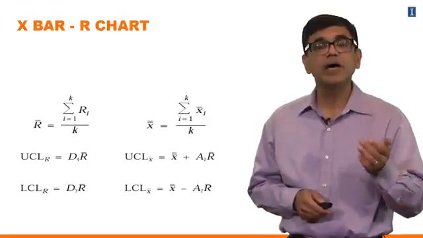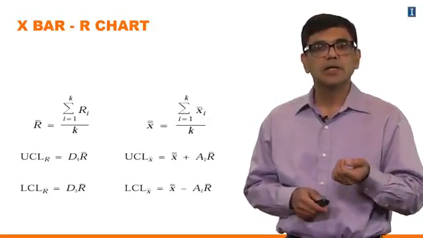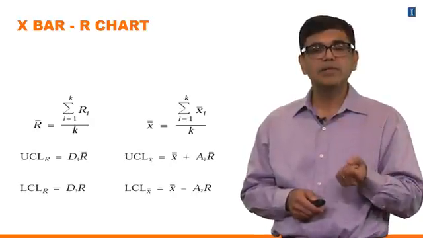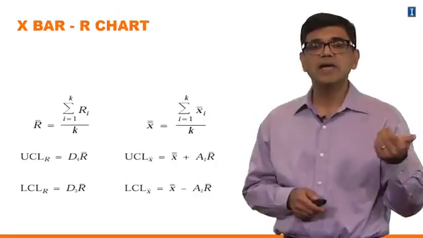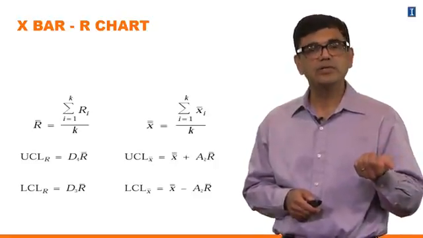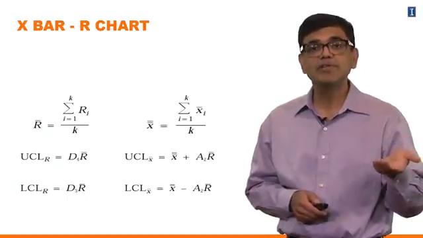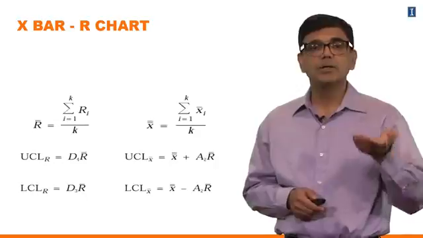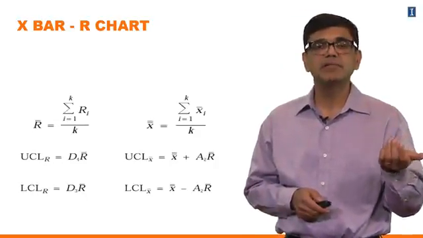Now, if you're not comfortable with symbols, with Greek symbols, you might be intimidated by these, but what these are basically saying is that the upper control limit for the range control chart is going to be based on the average range that you've already got. So what you're looking at, sigma R divided by k, is simply the average of all the ranges.